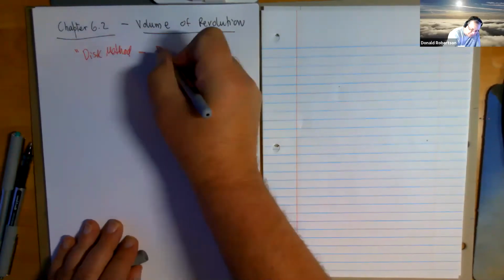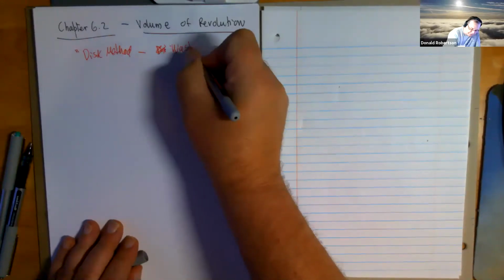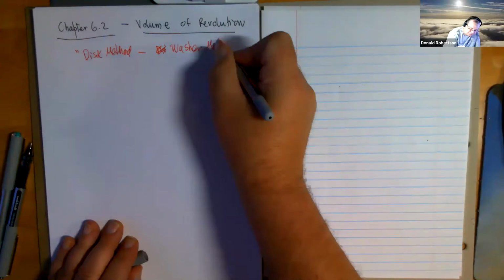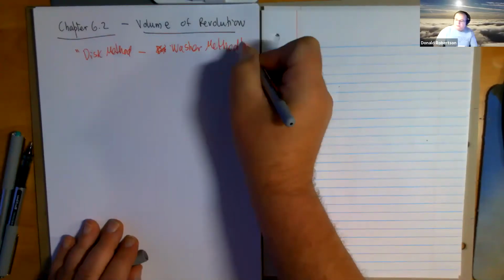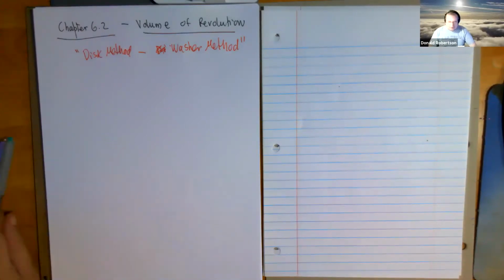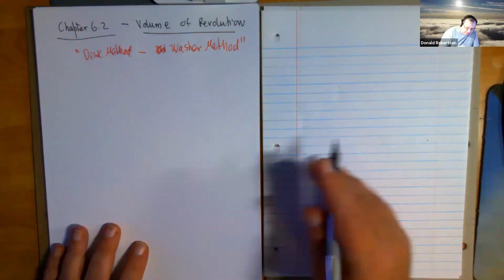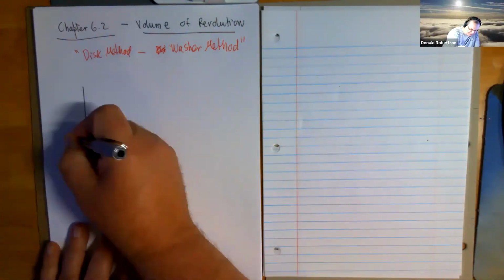It's also called the washer method. So if you want to go searching for terms so you can get some examples or videos or whatever, disk method, washer method. So let's show you what the problem is.